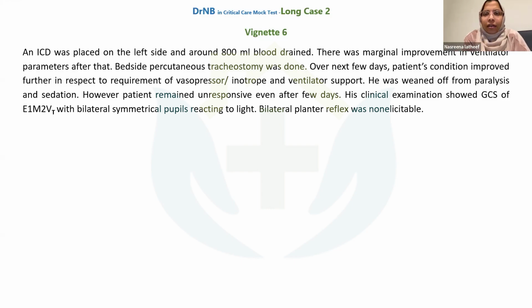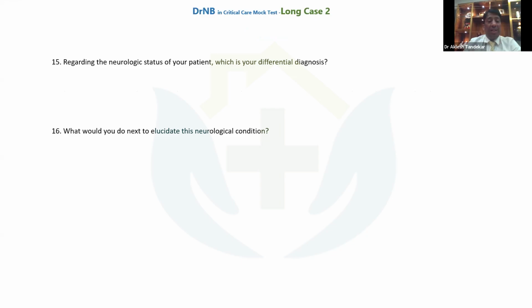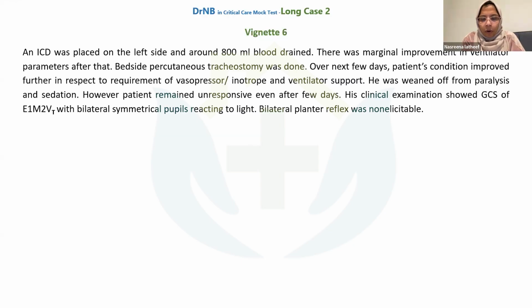Okay. So, regarding the neurological status of this patient, what is your differential diagnosis? One could be a metabolic problem, hyponatremia or hypoglycemia, or it could be septic encephalopathy. It could be non-convulsive status epilepticus or convulsive epilepsy, stroke, hypoxic brain injury.